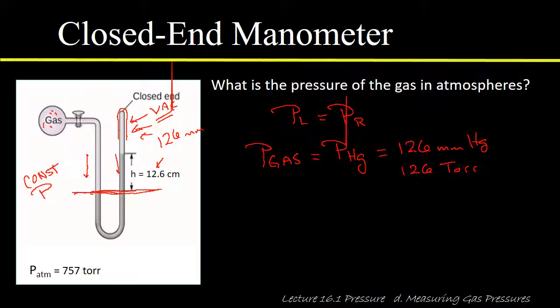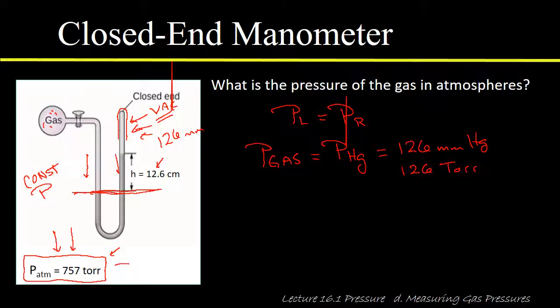Okay. All right, notice a couple of things. One is that in this problem, atmospheric pressure was given to you down here. Okay, and sometimes it'll say it right in the problem: atmospheric pressure is 757 torr. Okay, that is a red herring. It's a little bit devious.